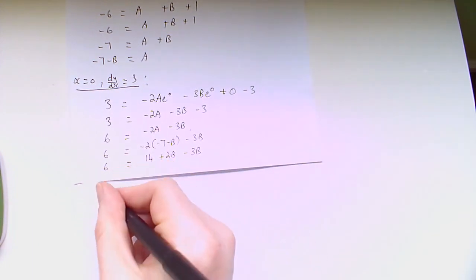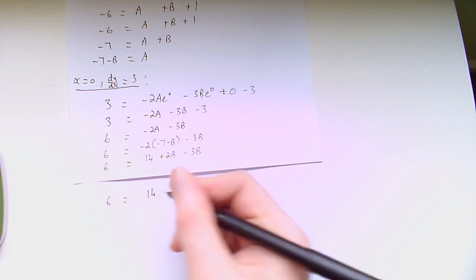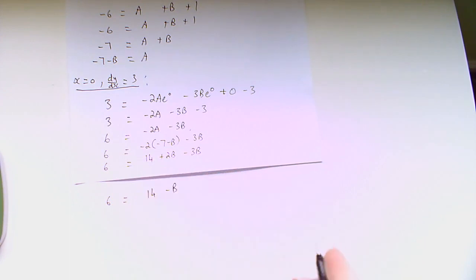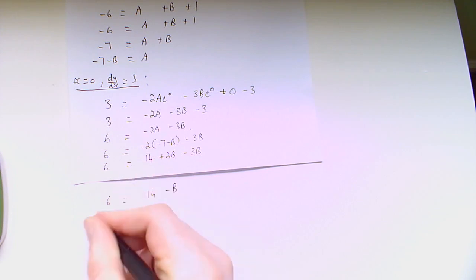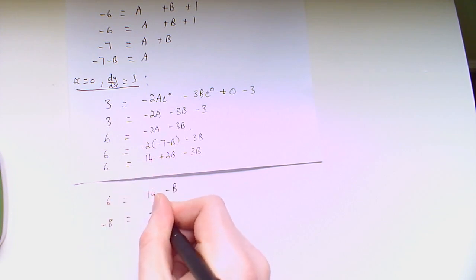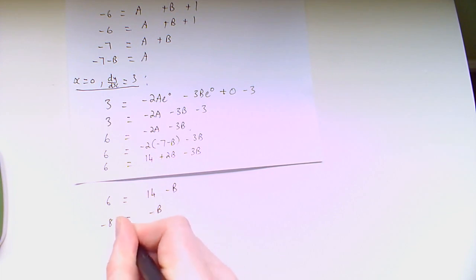So 6 equals 14 take away b. So I'm just going to move that 14 over. So that means I've got negative 8 equals negative b. So b is just 8.